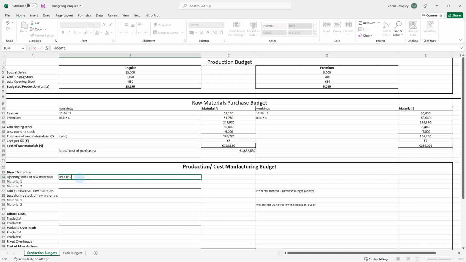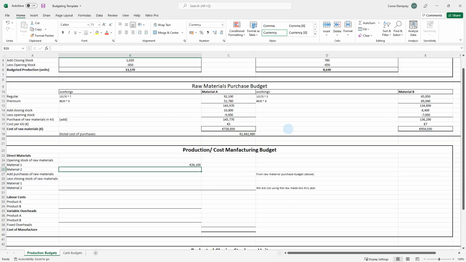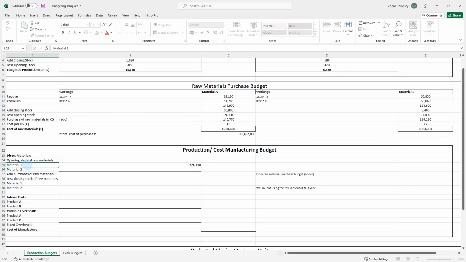Just bear in mind that this is 290, whereas above we were dealing with €5. So they've increased a lot. Now, this is all supposed to be in euros, so I'm going to change this format into euros now. So now that's changed. So that's raw material A. Again, I'm going to change these to A and B, not 1 and 2, because we'll just confuse ourselves.